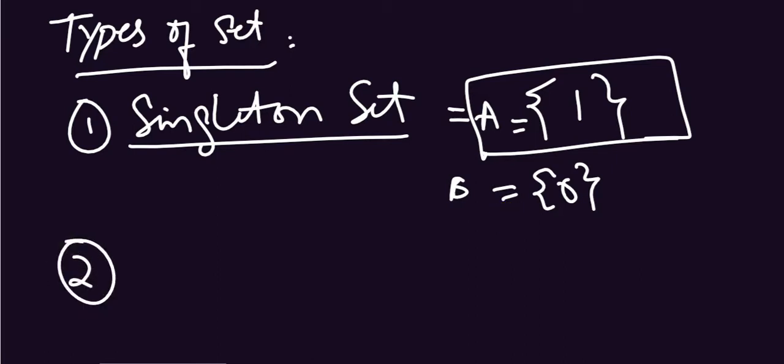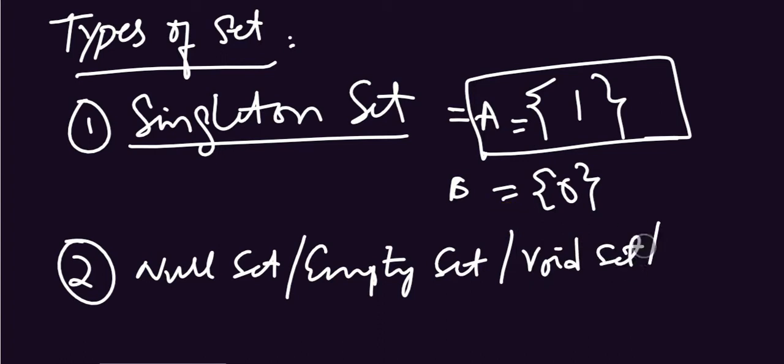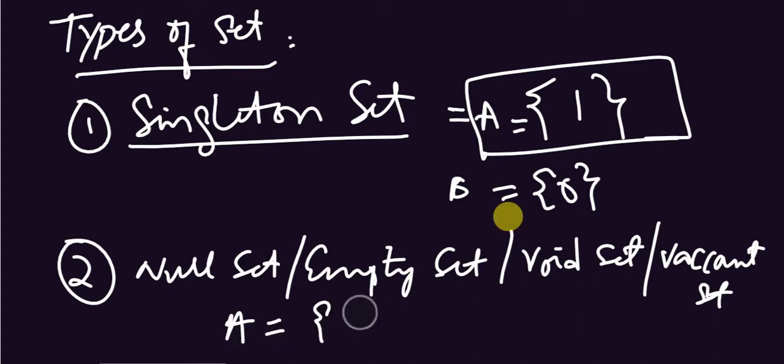Number two type is null set, or empty set, or void set, or also vacant set. This means a set that contains no element, just like A contains nothing.